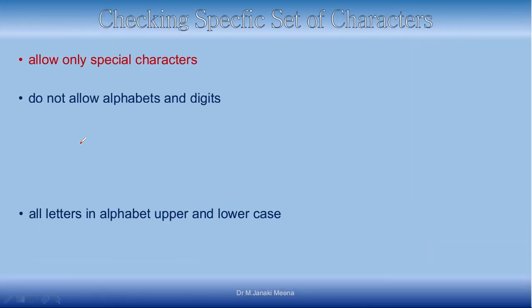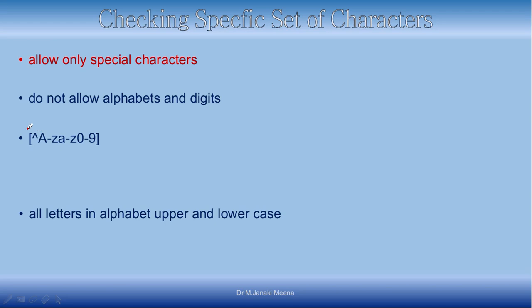So when you want to allow special characters, and do not want to allow alphabets and digits, how we can do it is with this caret symbol, this power symbol also we can say. Already we have seen that it stands for the beginning, when it is outside the square bracket.